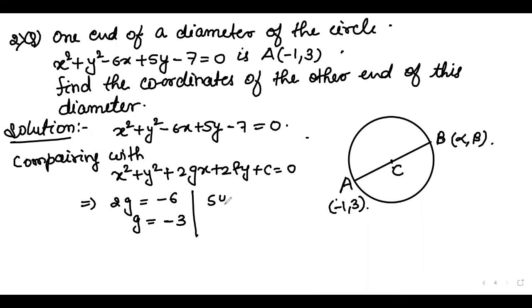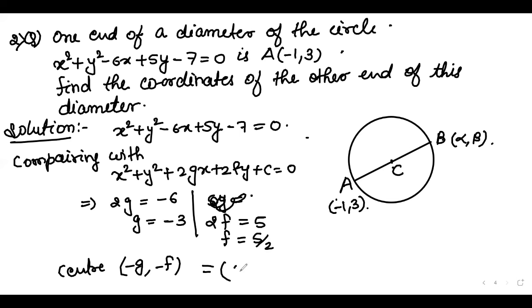And 2f equals to 5, so f equals to 5 by 2. So the center is (-g, -f). So this is (3, -5/2), the center of the circle.